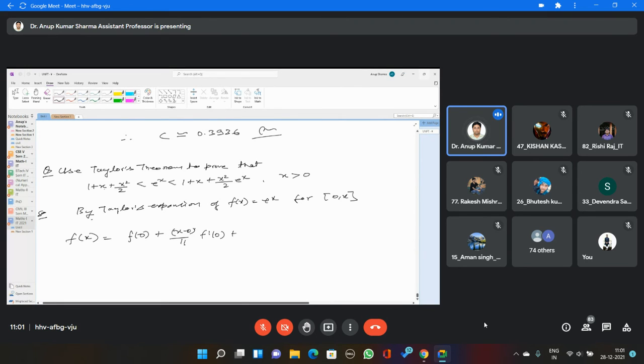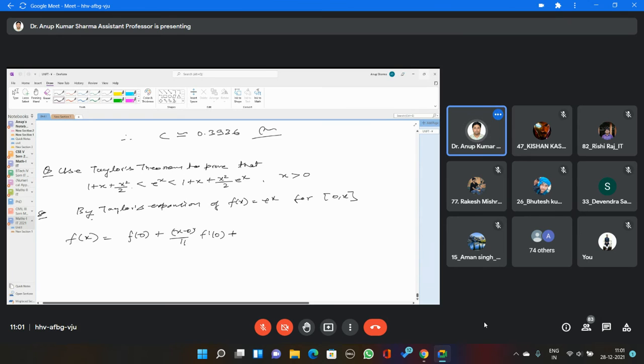You see, on one side there is no remainder term, on one side e to the power x. That means it contains some remainder term. Okay, no issue. We can remove that remainder term, but we have to use these things.